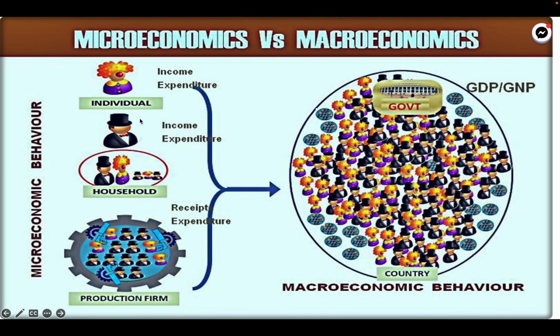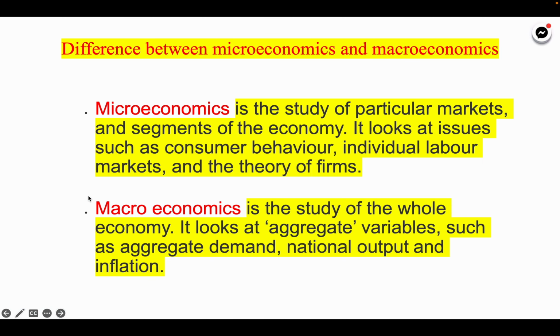In a simple chart you can see it's talking about individual expenditure, income and expenditure of individuals, households, and production firms. But at the other end, macroeconomics talks about GDP, GNP, governments, country. So basically, it's the wide thing, and the other talks about the smaller individual.